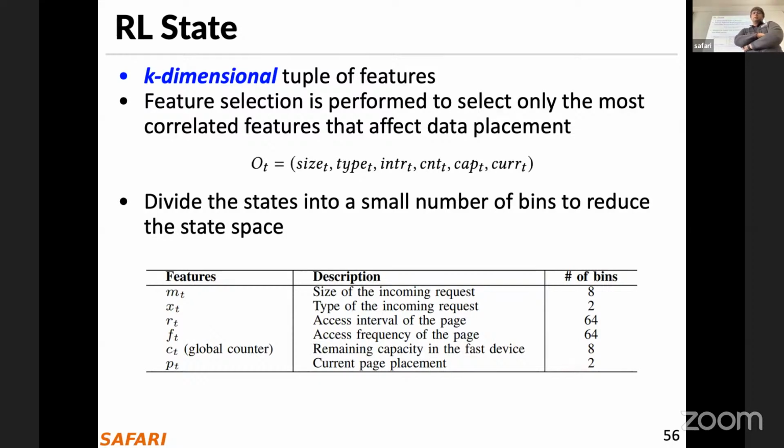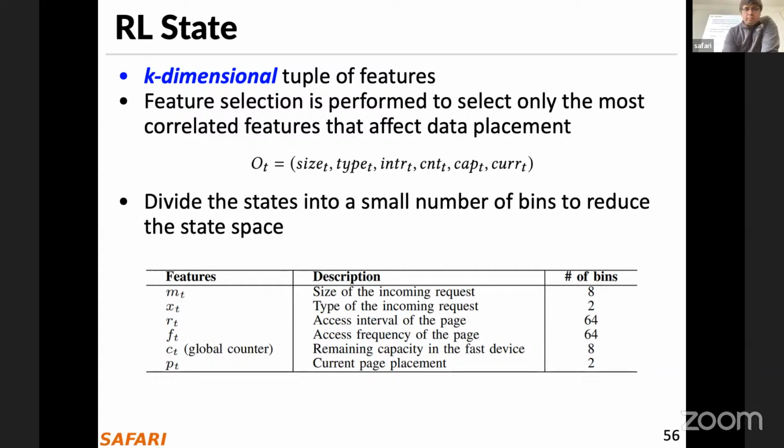So this is an Oracle policy that was proposed in a prior work in HPCA 2015, if I'm not wrong. But that's also an ongoing area of research, to define the right Oracle.